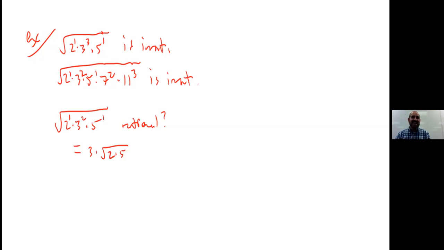Does that make sense? We're just able to conclude right now that the square root of a product of any odd number of primes is irrational, but we don't necessarily know that just because you have the square root of an even number of primes. So the square root of an odd number of primes implies irrational.